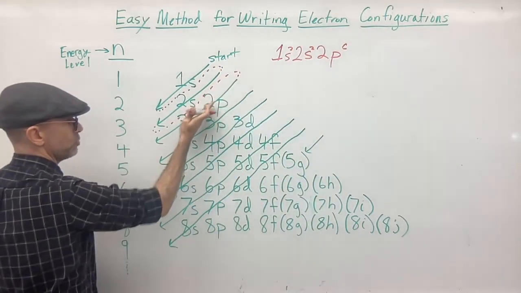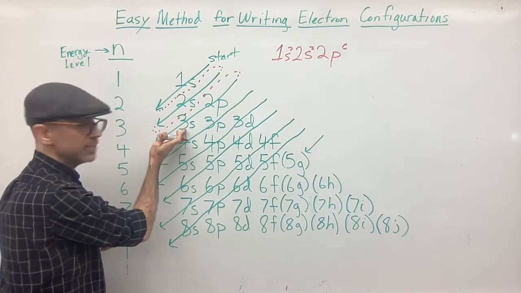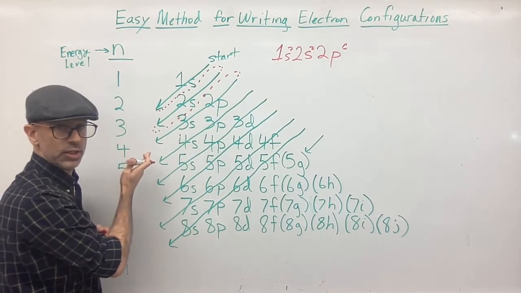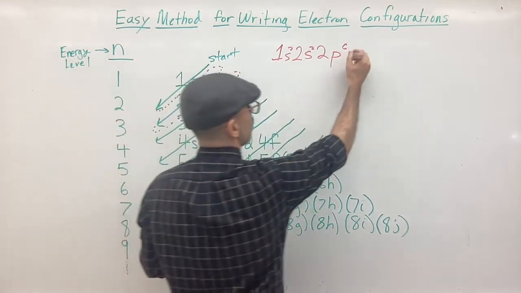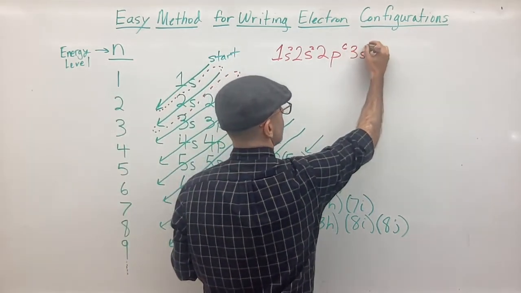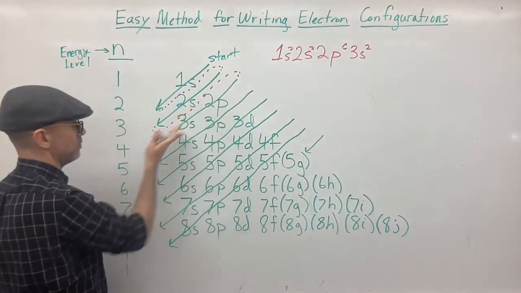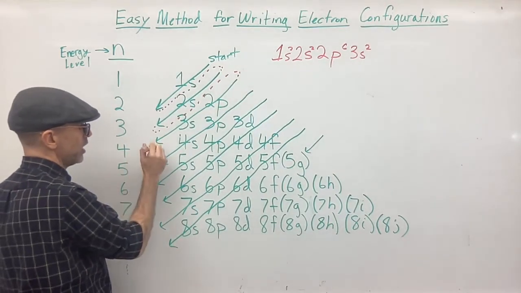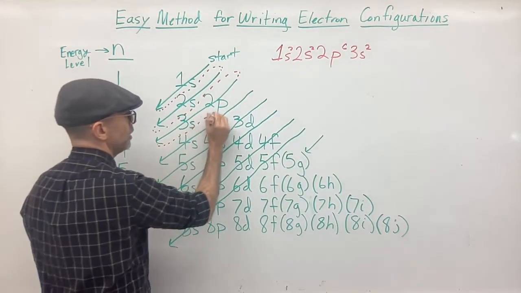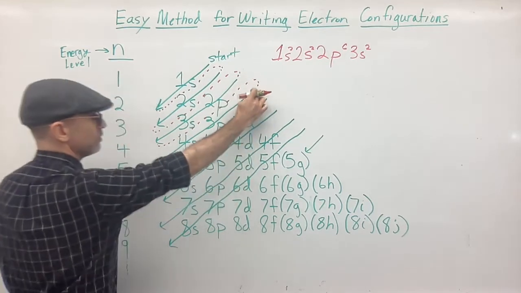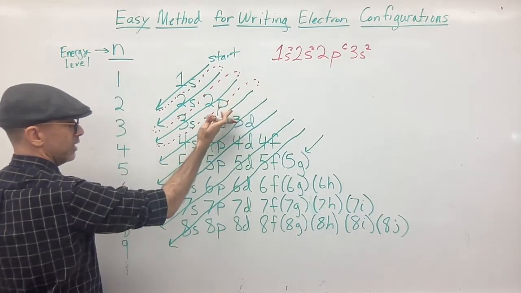So I go through the 2p, followed by the 3s. 2 electrons go into the 3s sublevel. So I'm going to put 3s2, and then I'm done with the 3s. I'm at the end of my arrow here, so I go back to the end of the previous arrow, and then I go down.